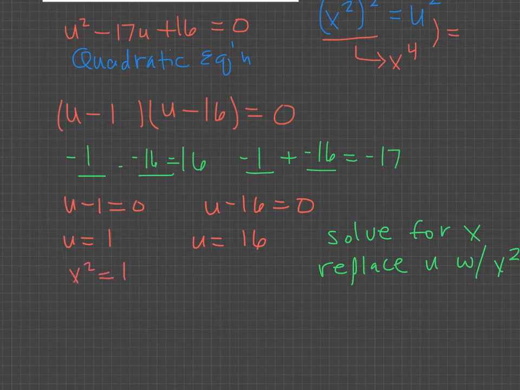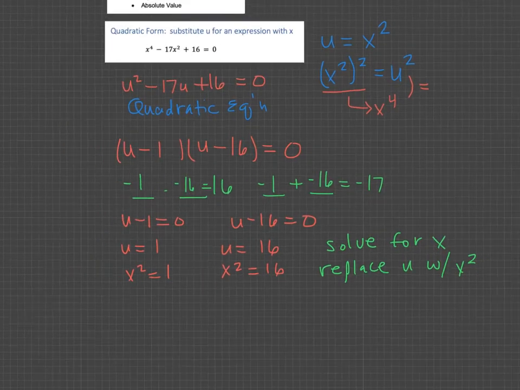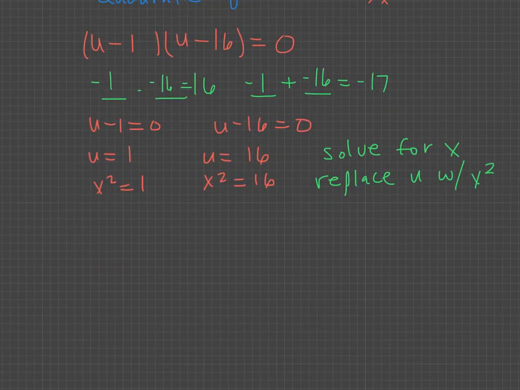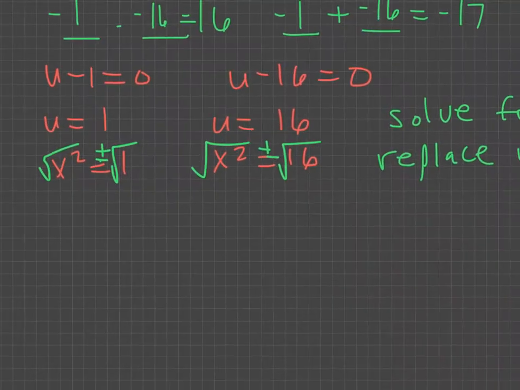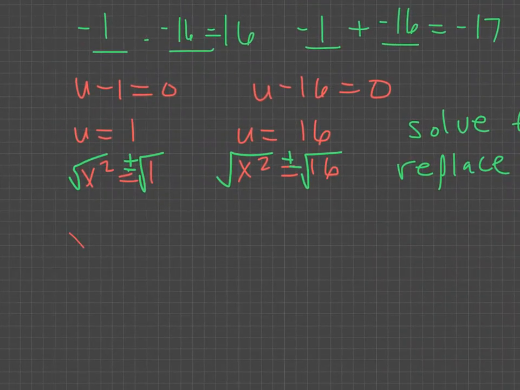And instead of u equals 16, we have x squared equals 16. And we solve those. Because they're squared, we're going to take the square root, remembering our plus and minus out in front. And that gives us x equals plus or minus 1, and x equals plus or minus 4.